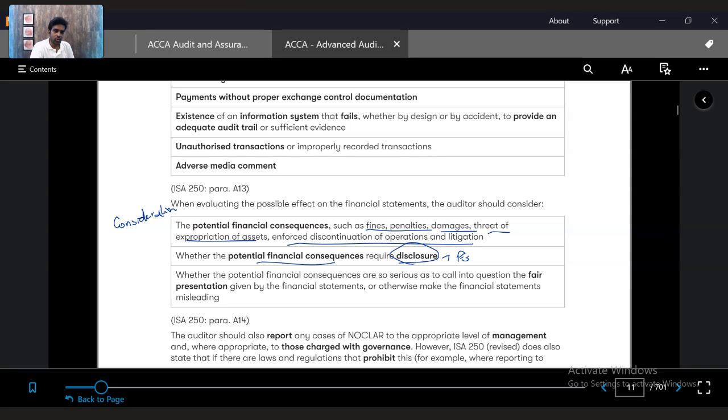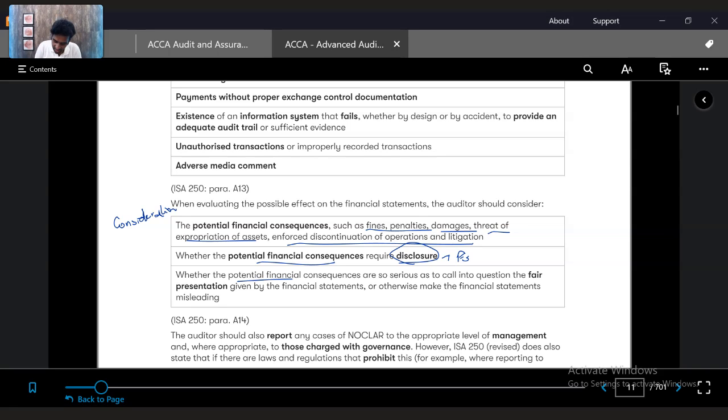So we did disclose those potential fines and penalties. We summarized it. We created a table that the bank had recently got these fines and penalties. So we said that, okay, these are the existing fines and penalties. There could be future potential impact as well. So that also we disclosed in the financial statements.